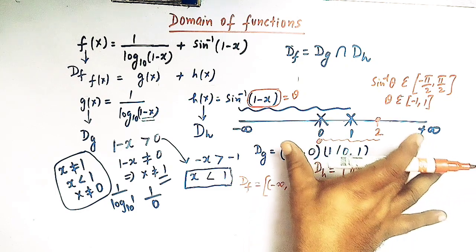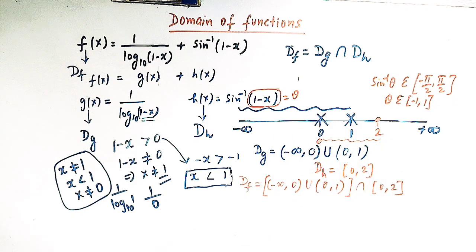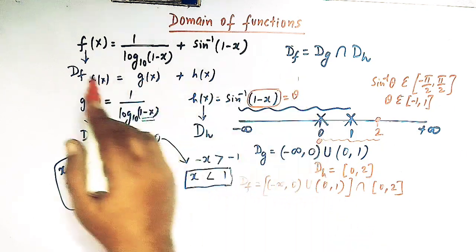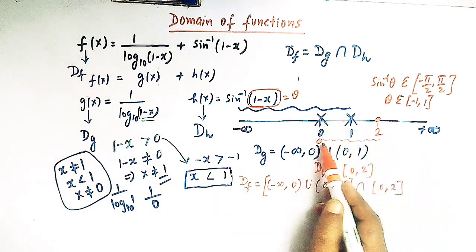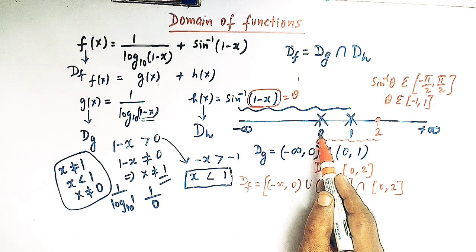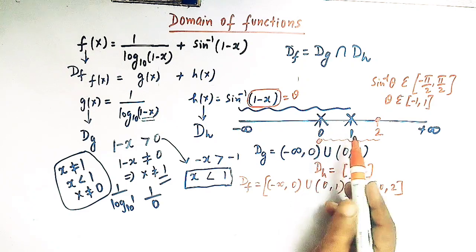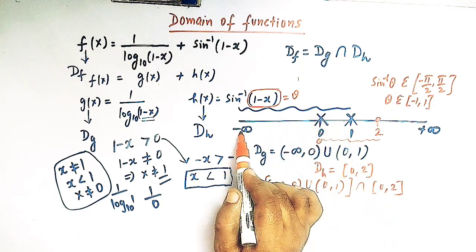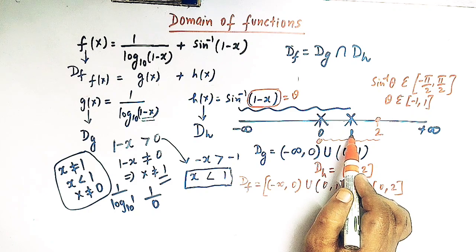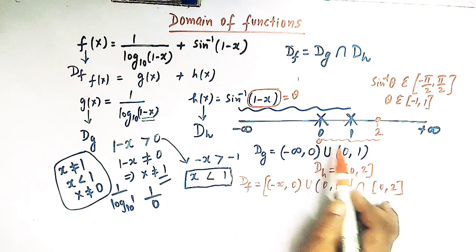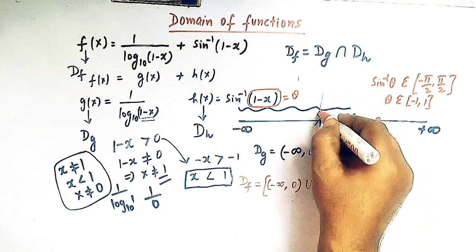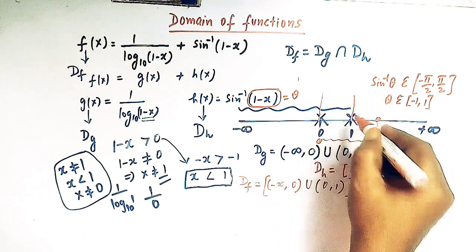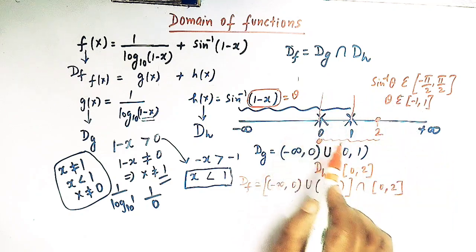And from this real number line we can easily conclude the domain of the function f, right? Now see here, the common region is given by only 0 to 1, right? Now see, because here we have minus infinity to 1, and then here we have 0 to 2. So only this portion is common to both the domains.